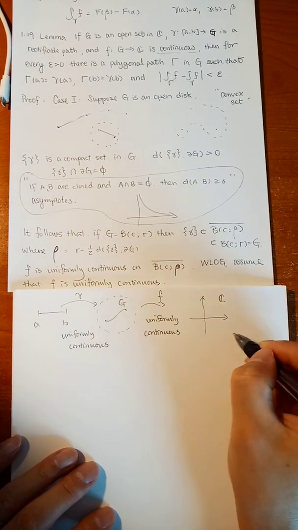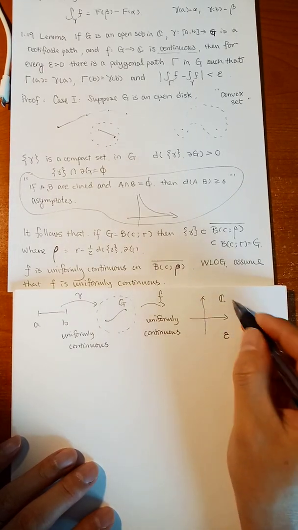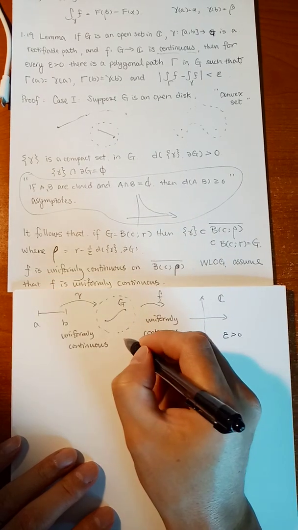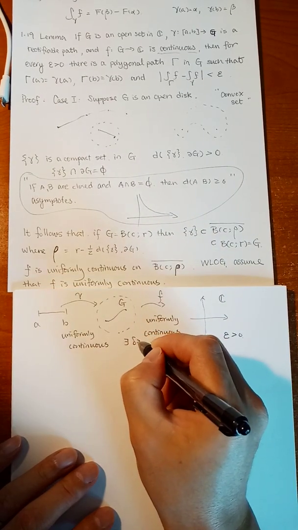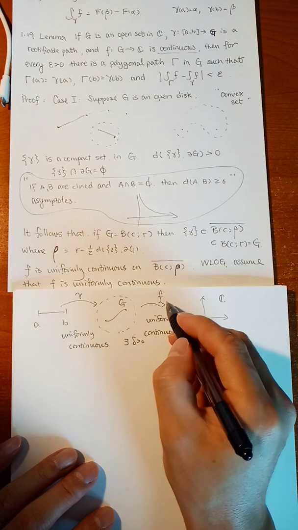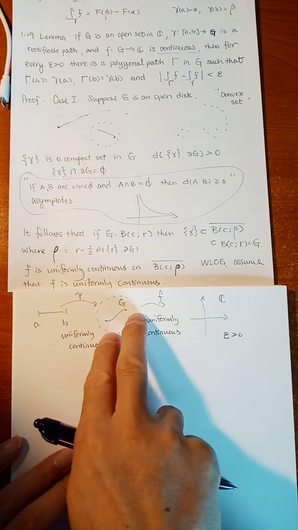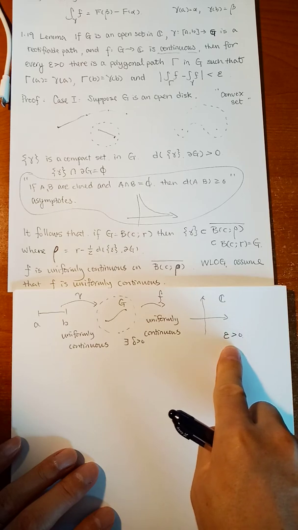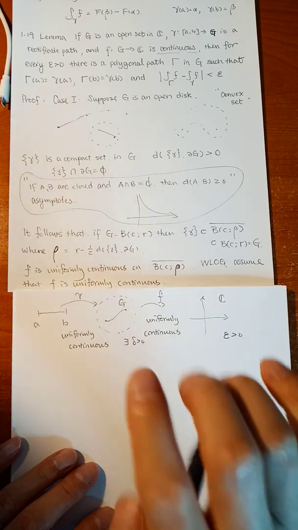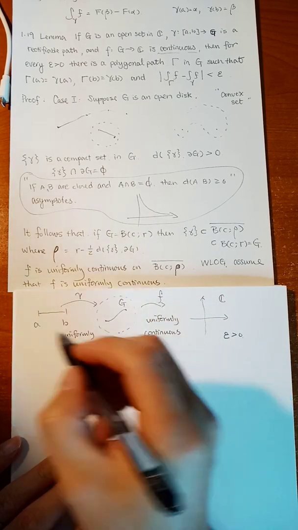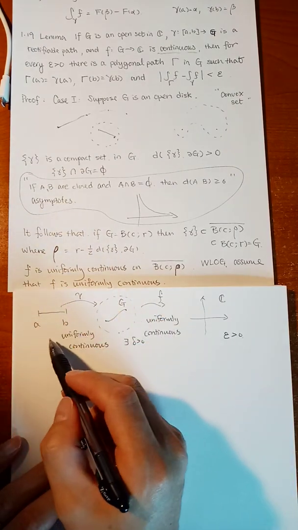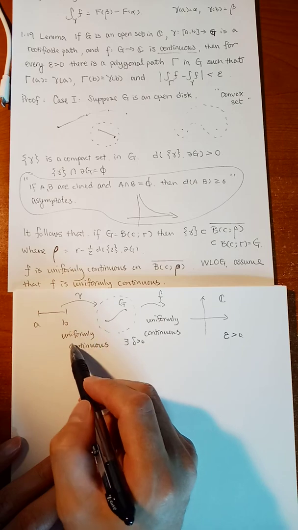Okay, so for any epsilon, remember, epsilon is in the range of F. For any epsilon greater than 0, you can find a delta greater than 0 inside the domain of F, so that whenever a pair of points has distance less than delta, the images will have distance less than epsilon. And then for this delta, we can go back to the closed interval AB because of uniform continuity.